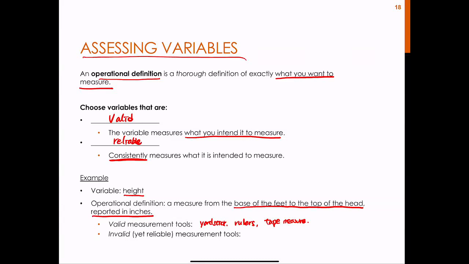And here is an invalid but still reliable measurement tool. Maybe a scale.